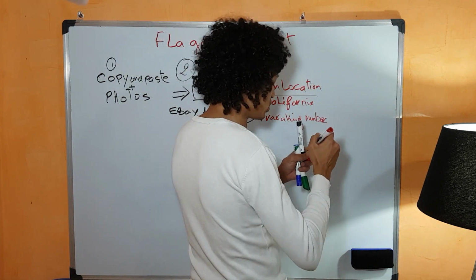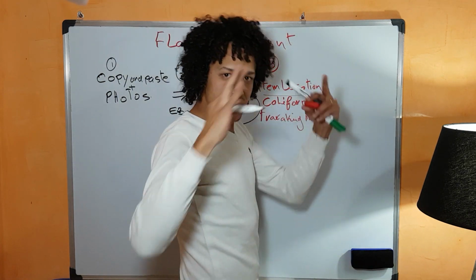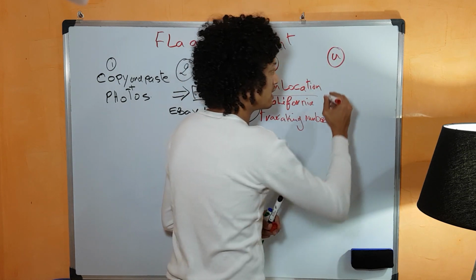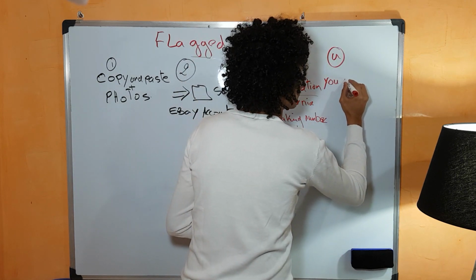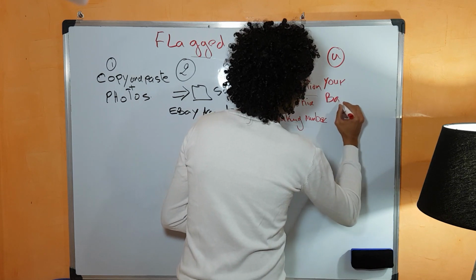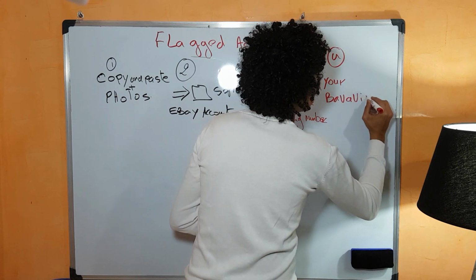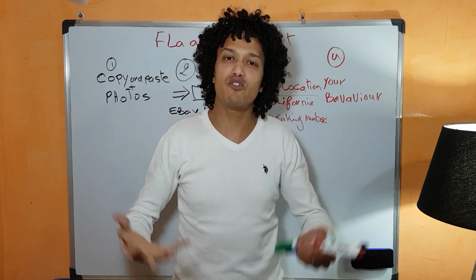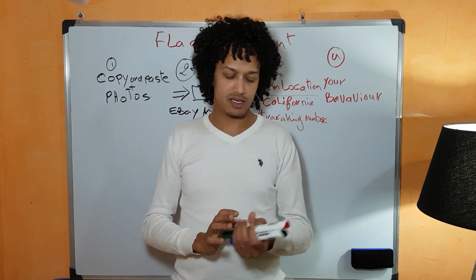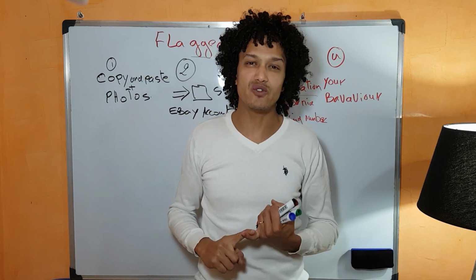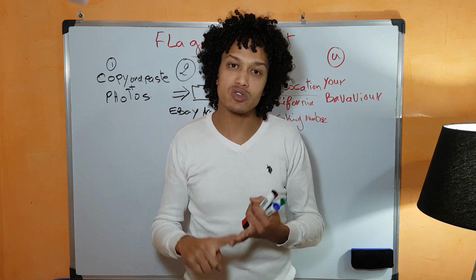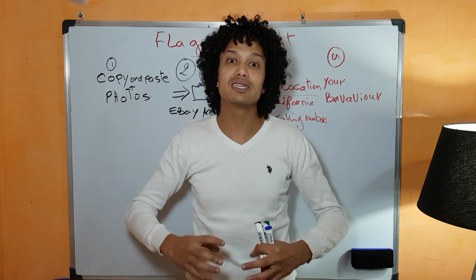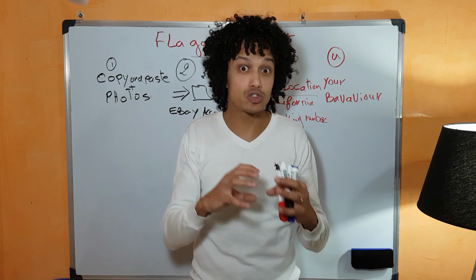Number 4, that's one of the biggest as well. Number 4 is your behavior. Let me explain. Your behavior as a dropshipper is your customer service. Are you sending a product on time? Late shipment and all of that. That's a huge deal to eBay.